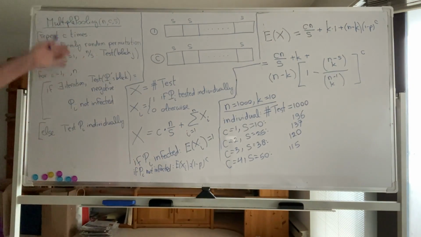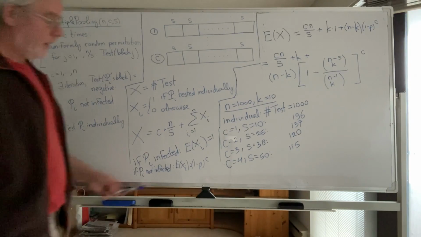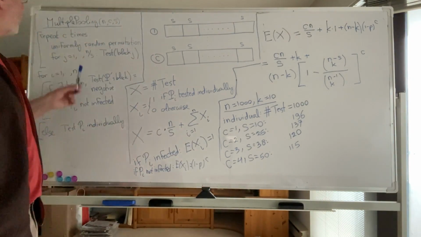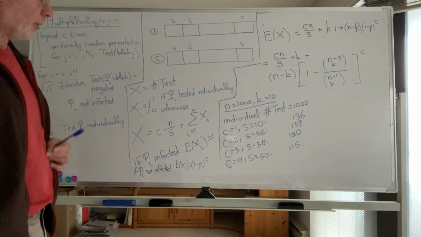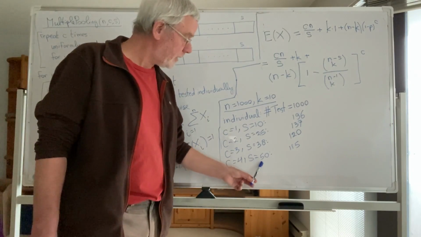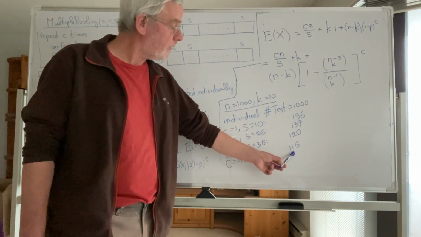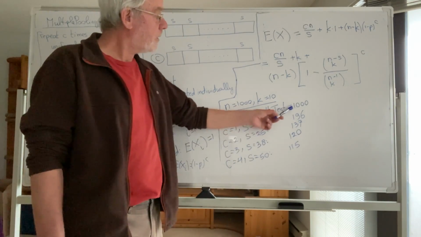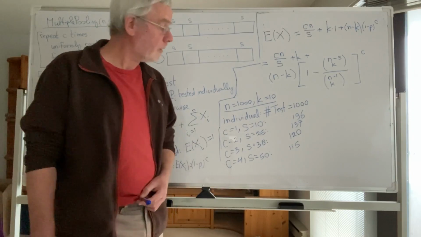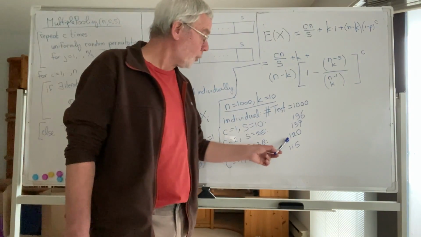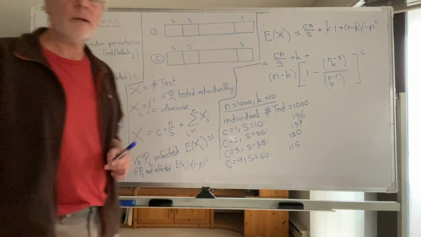If you use this simple approach, with C equals 4, so you take 4 random permutations, and a block size of 50, then the expected number of tests you have to do, instead of 1,000, is only 150. So this is about 1/10 of the naive approach.